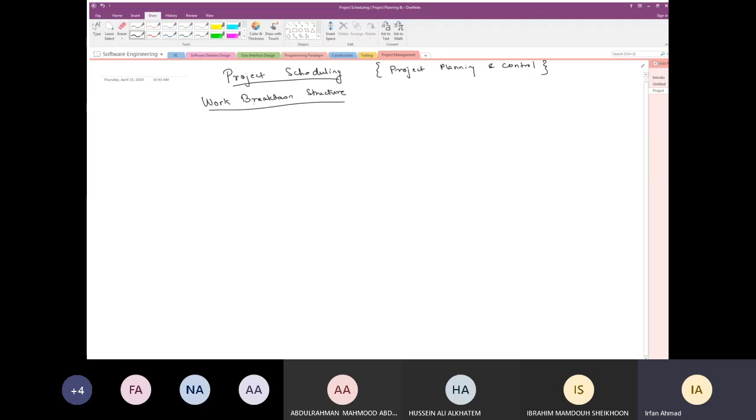Once we start a project, we are following a specific process, right? We are following a process to carry on a project to come up with a product. You remember that? The process, the project, and the product.